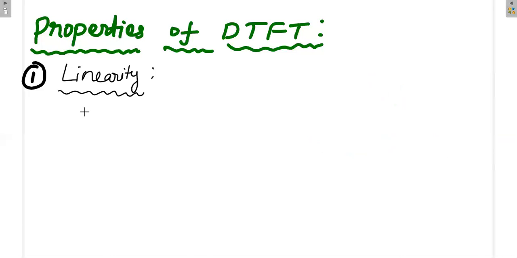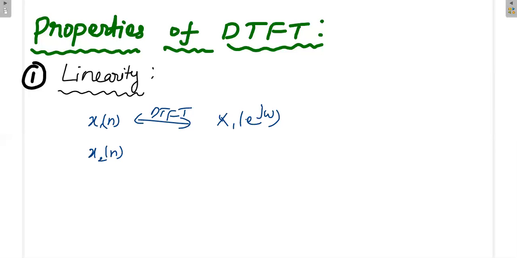We know the linearity property. x1 of n is a discrete time signal, and its discrete time Fourier transform, DTFT, is x1 of e power j omega. For a signal x2 of n, the discrete time Fourier transform is x2 of e power j omega.